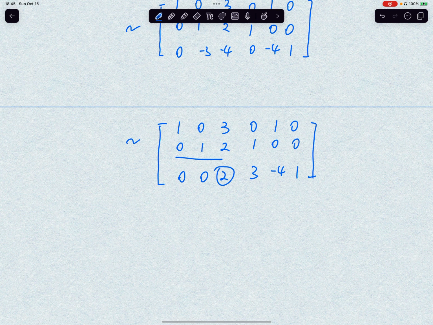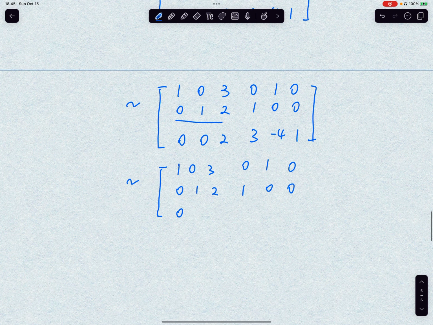So that is, we make this to 1. So we have 1, 0, 3, and 0, 1, 0, 0, 1, 2, 1, 0, 0, and 0, 0, 0, 0, 1, and this is 3 over 2, -2 and 1 over 2.